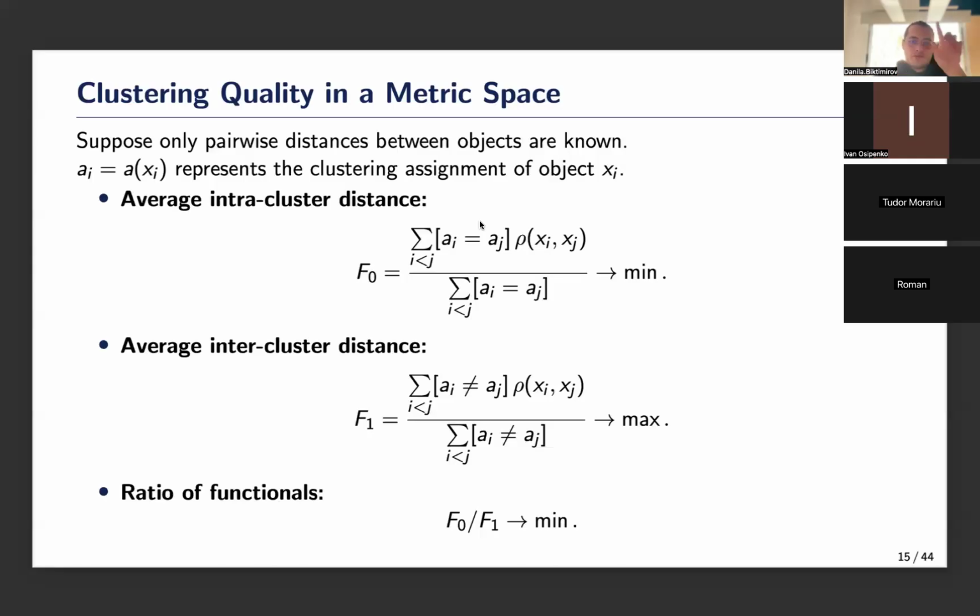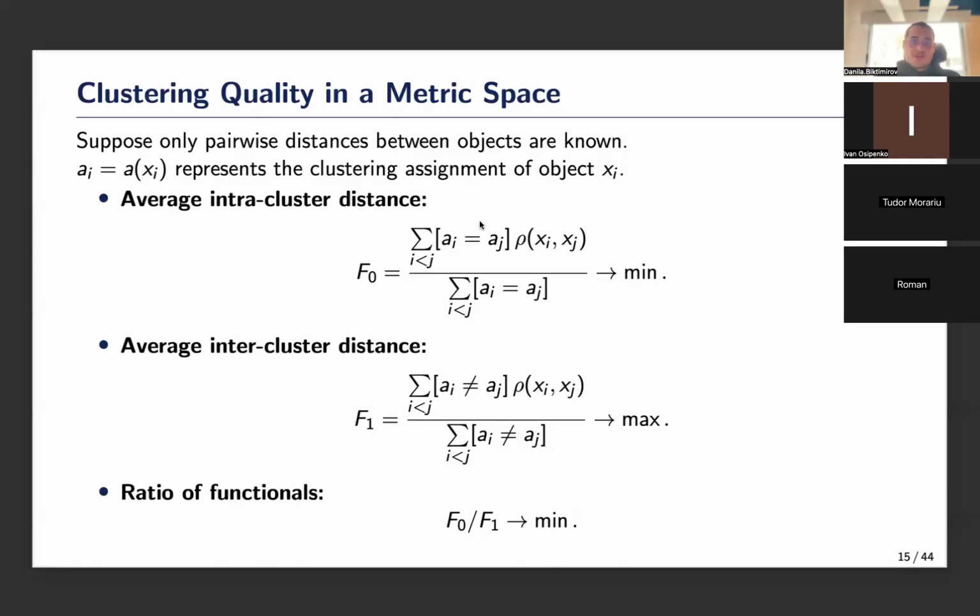And on the other hand, inter-cluster distance computes the average distance between all pairs of points from different classes. Once we have these two metrics, we can combine them in different ways, for example, by taking the ratio, calculating the difference, or applying other statistical measures.